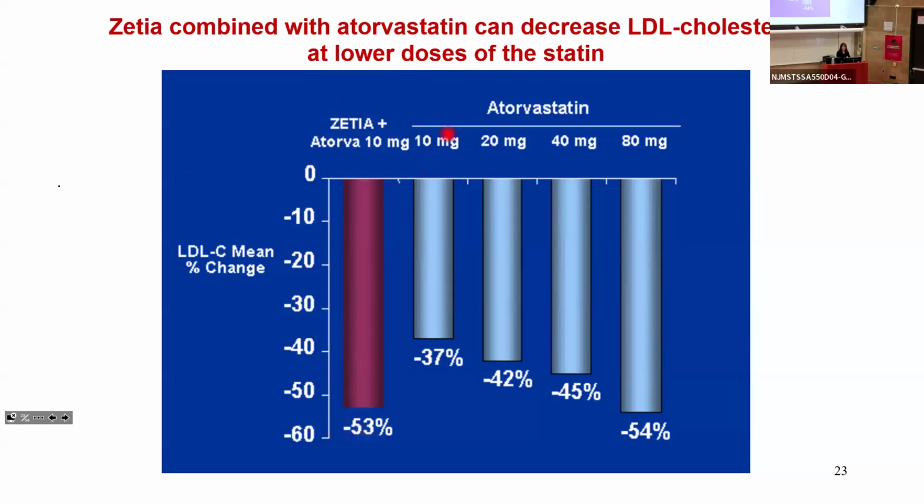Now, if you took atorvastatin alone, in order to get to that 53% reduction, you'd have to take 8 times more atorvastatin. All right, so that's a real benefit, because the higher dose you take, the more potential side effects you might have. Like a lot of people have muscle aching, muscle weakness. I think that's the principal one, really, with these statins that many people experience. There are other things, but that one.